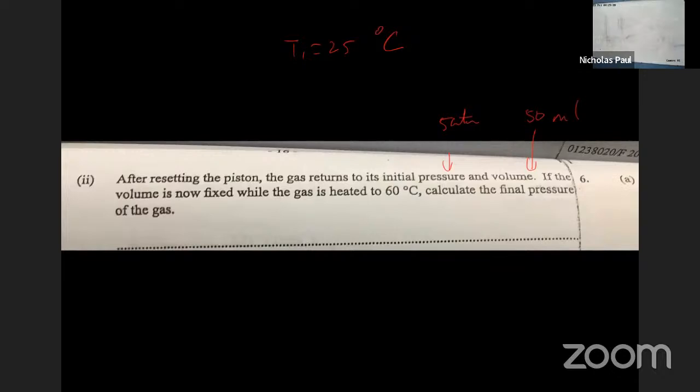Sahara, you there? Which law are we using?